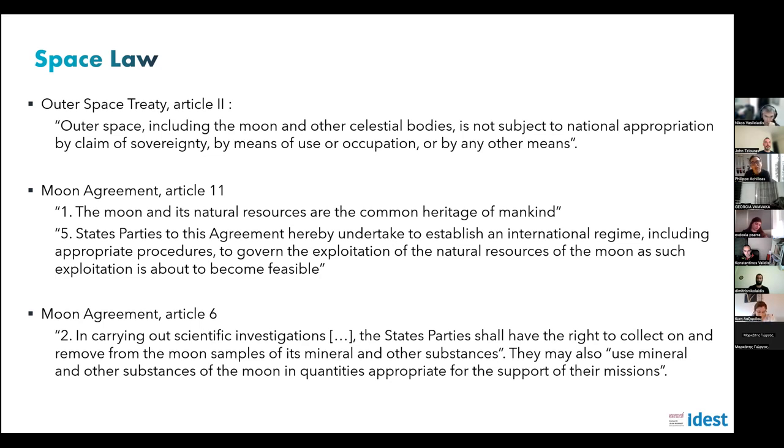So the Moon Agreement is quite balanced. You see that there is a regime for the future, which has to be established. But since now it is possible to use minerals and other substances for the support of scientific missions or other missions on the Moon.